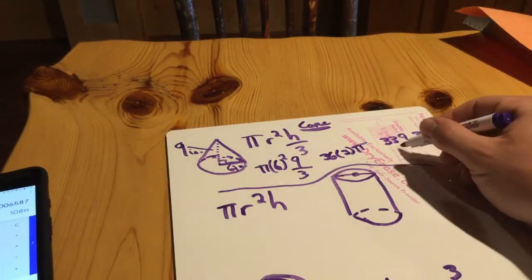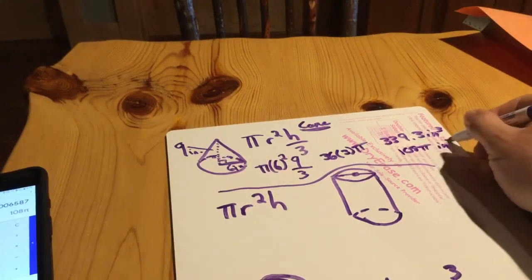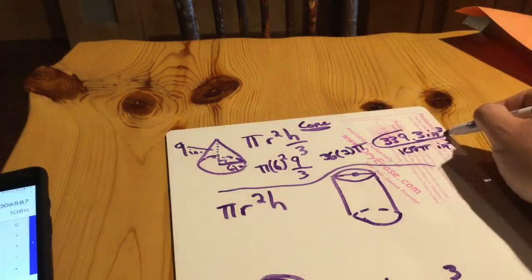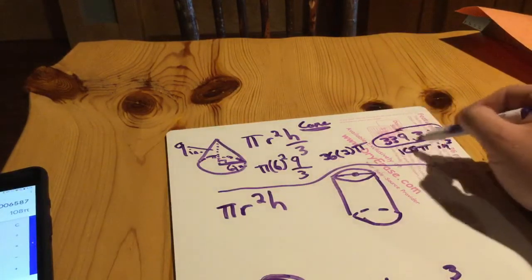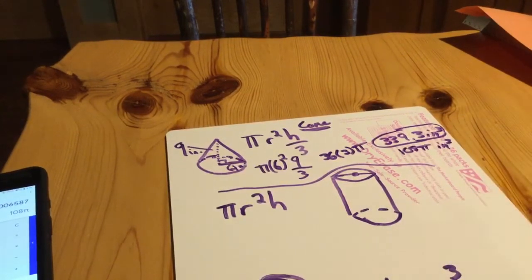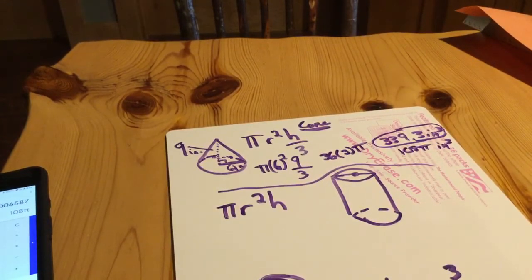Or I could write down 108 pi inches cubed. But either one I'm okay with. This one might be a little better depending on the situation because it's more exact. You don't really use this when you're measuring things because it's hard to represent what that is. So either one of those, though, I'll be okay with. And that's how we do a cone.